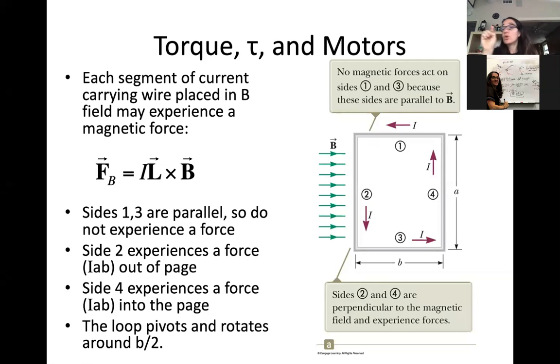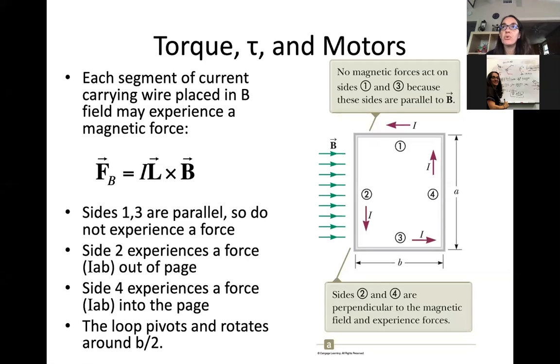I can run current through that loop. But then, as soon as I place it in a magnetic field, this loop is going to start to rotate, spin in one way or another. And then, hold on, I can use that rotation for mechanical energy to do some work.